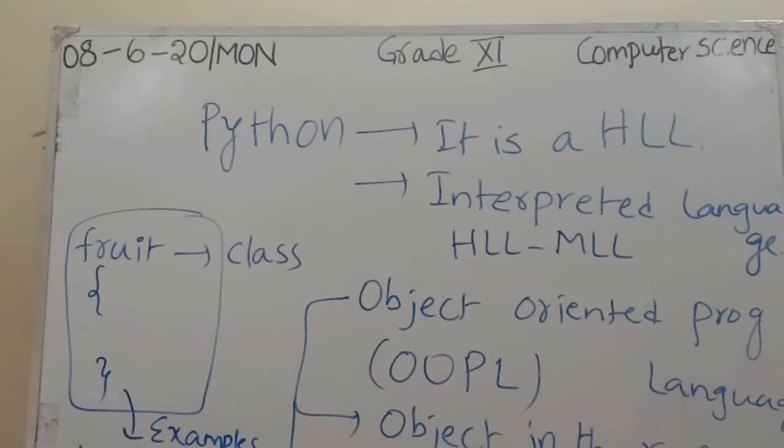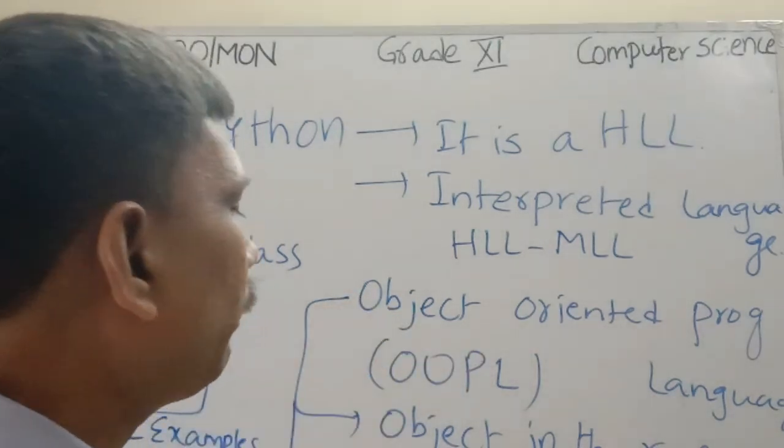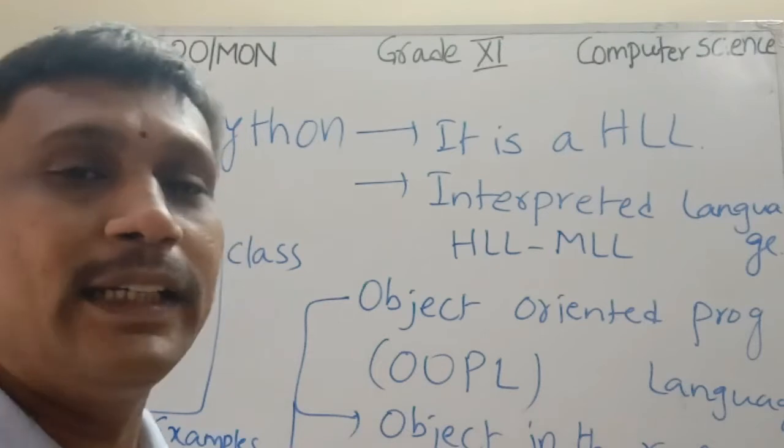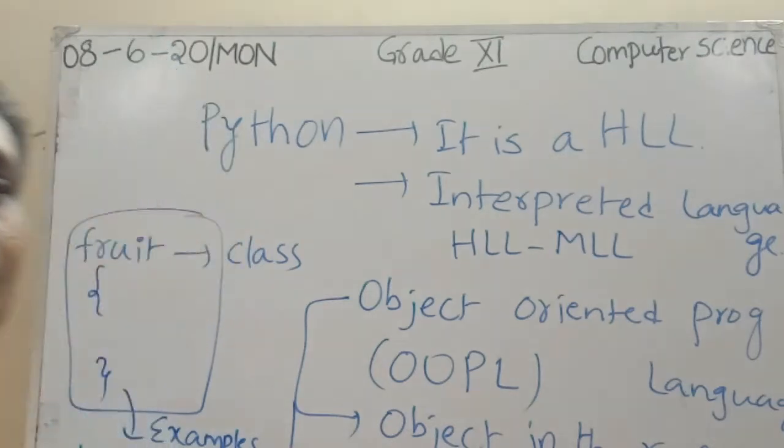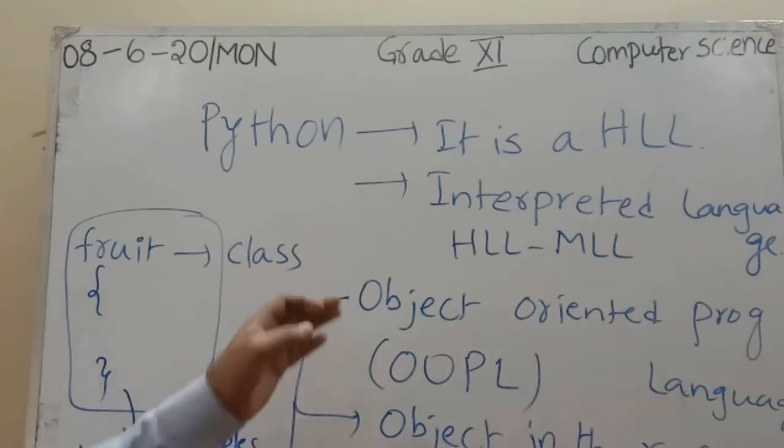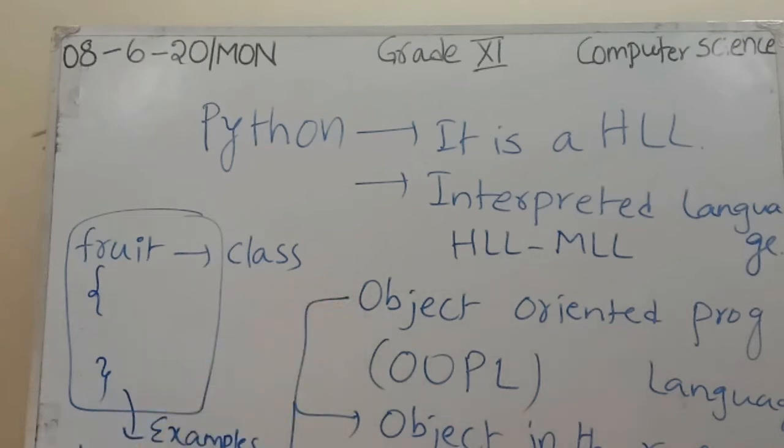The objects are called banana, orange, mango. So like that, Java and C++, Python is also called an object oriented programming language. We access all the objects and classes as in the real world environment. That's why it is called an object oriented programming language.